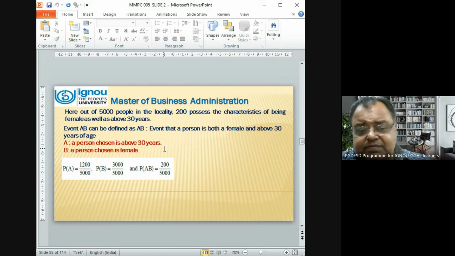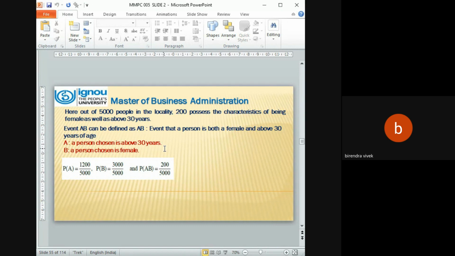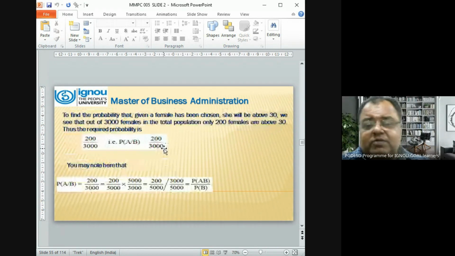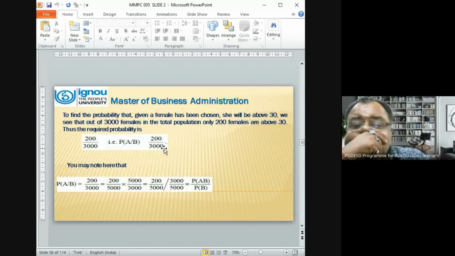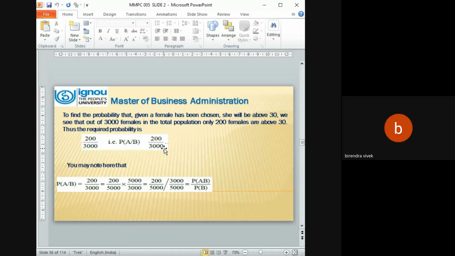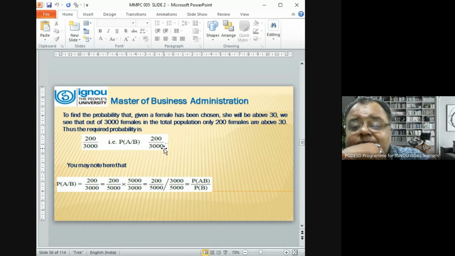What is that? The person is both female and above 30. What will you do? See to it. So how is this formula being used, sir? Which formula?